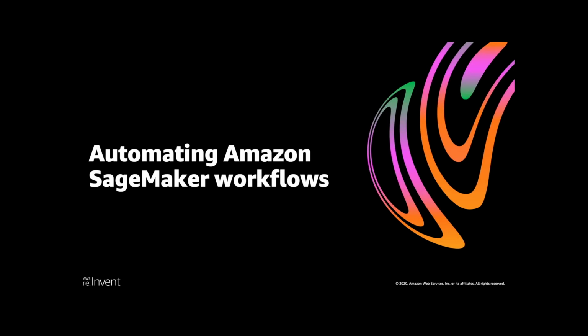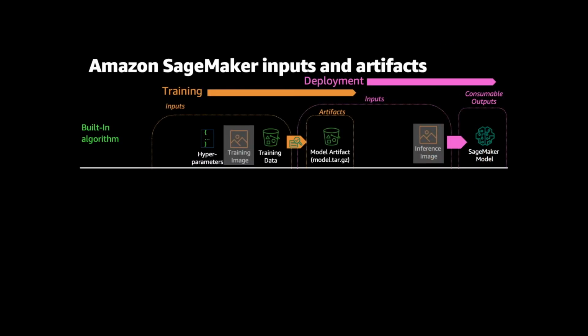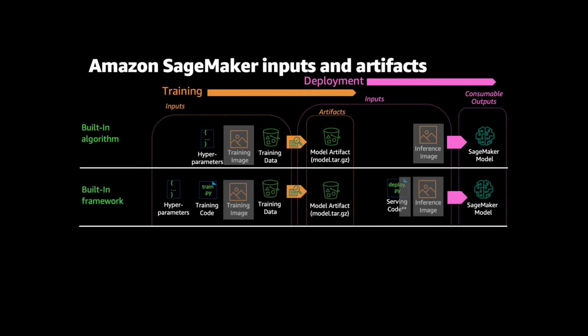So when it comes to automating your SageMaker workflows, you've got to remember that in a nutshell, what you have is building algorithms. Sometimes we are leveraging built-in frameworks, so we are working with TensorFlow or PyTorch or MXNet, and usually we need to provide the training code.